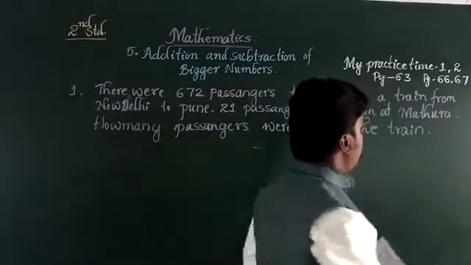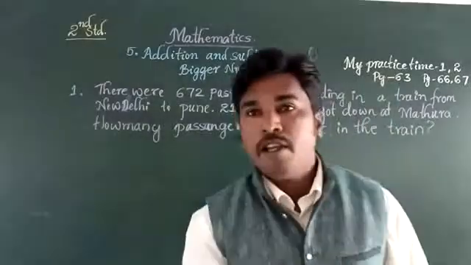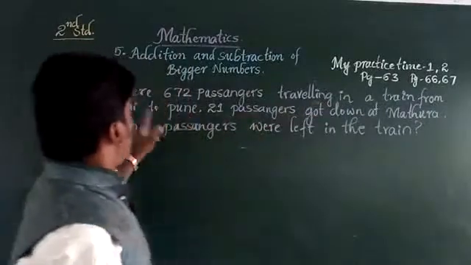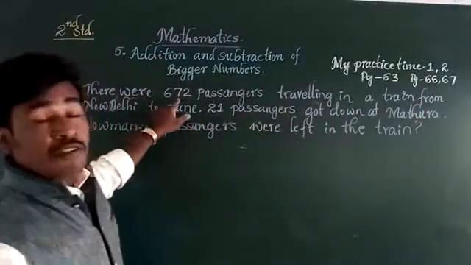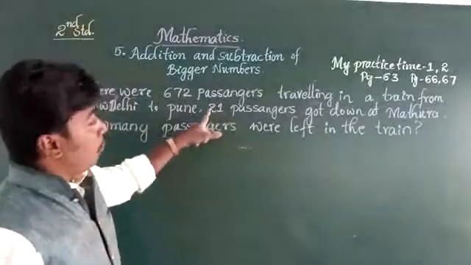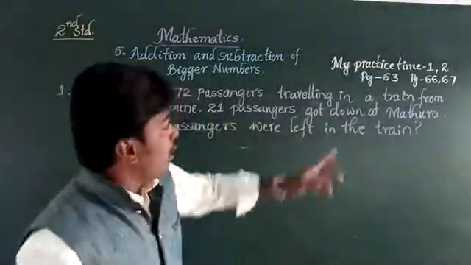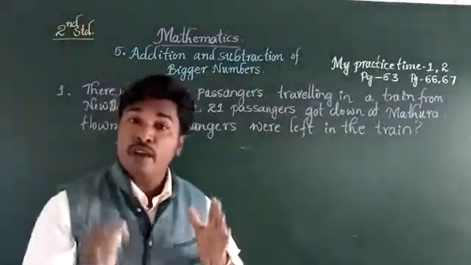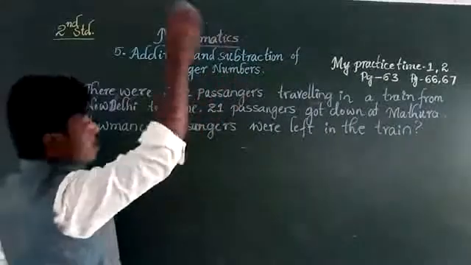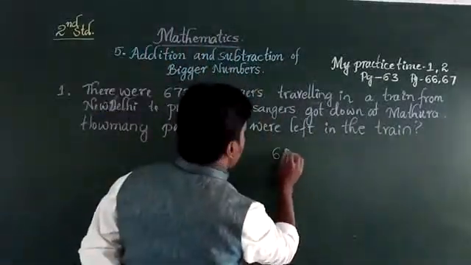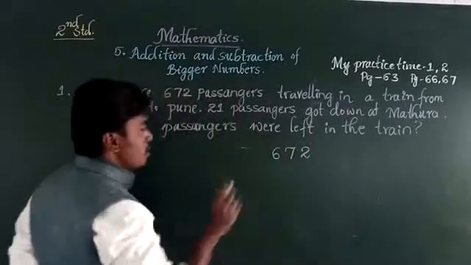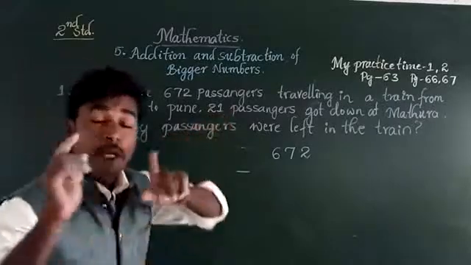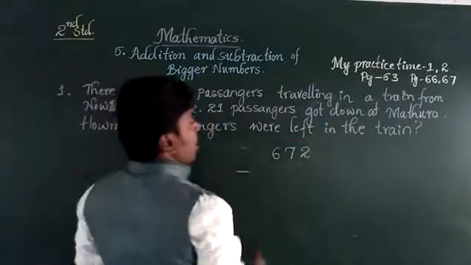Observe here, dear children. Here is a train. It is traveling from New Delhi to Pune. There are 672 passengers in the beginning. 21 passengers got down at Mathura station. So, how many passengers are left in the train? It's very simple. Total number of passengers in the beginning, 672, minus how many passengers got down at Mathura station?